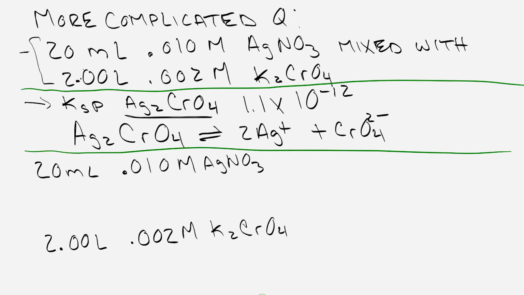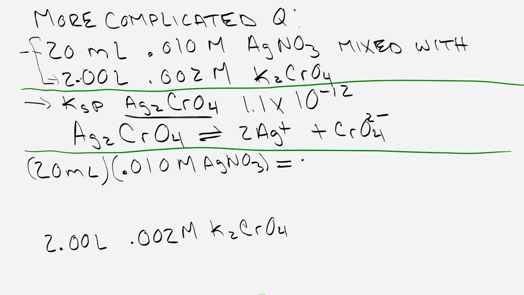So for starters, and I hate using this equation, we are going to use it because this is indeed a dilution. I have one solution, and I'm going to add it to a second solution, so I'm going to end up with different molarities. So I have 20 milliliters of my silver nitrate, and I'm going to add 2,000 milliliters.